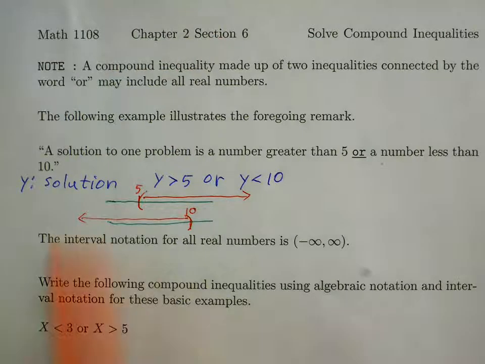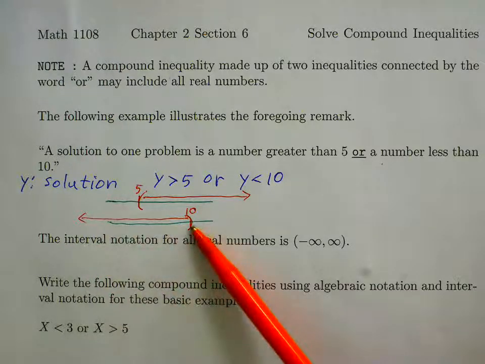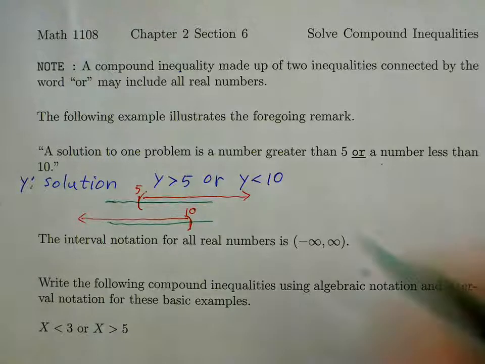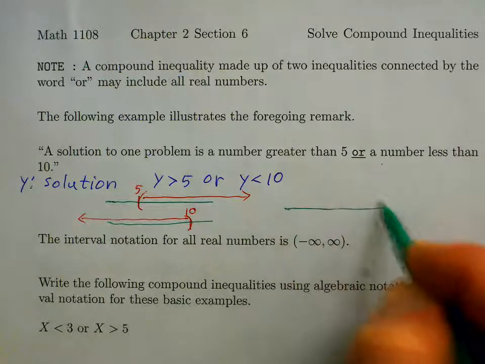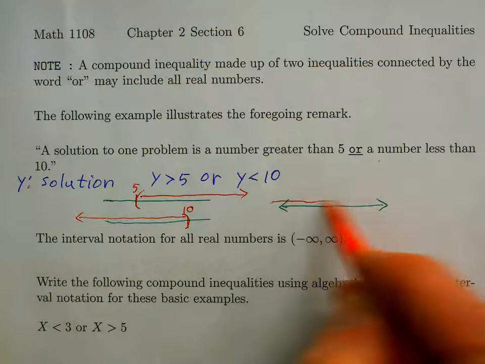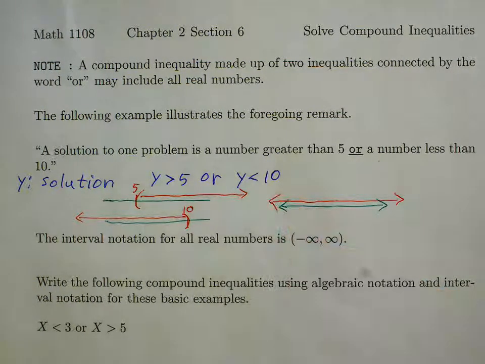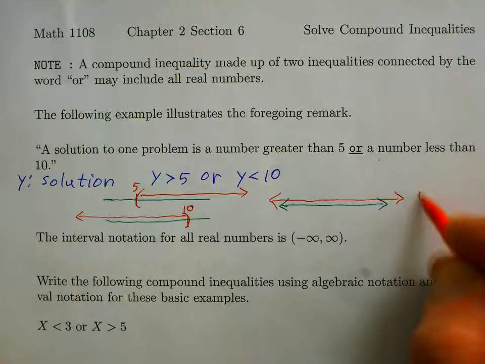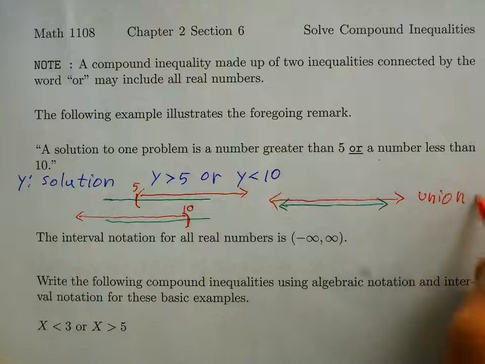So all of the numbers included are all real numbers. You see that? So the union is all real numbers when we combine both sets of numbers together. Do you see that? So in this case, the union is all real numbers.